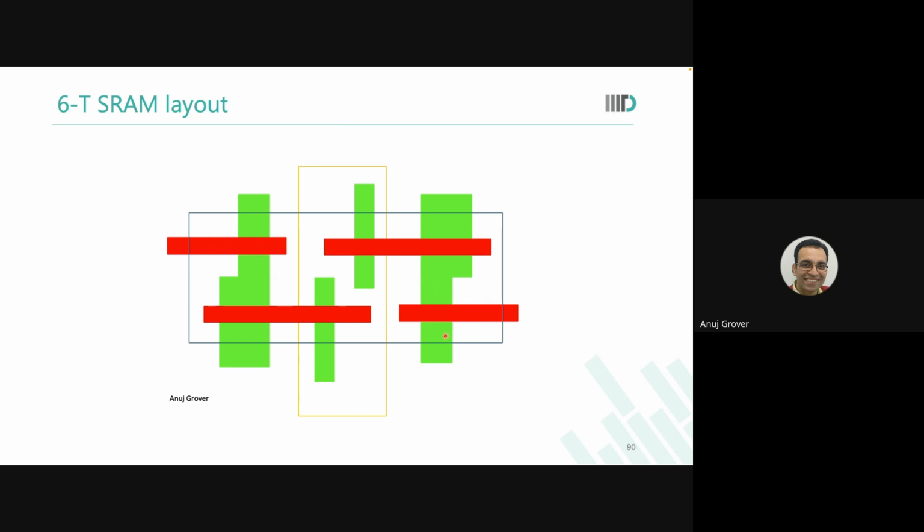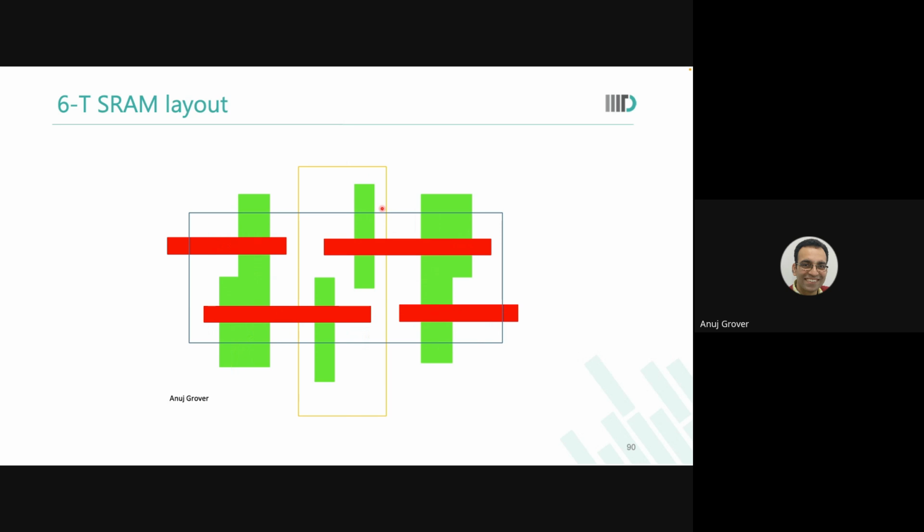Pull downs, this one, the bigger ones, they are the largest transistors, and pull ups, the PMOS is in the center. There are only two PMOS. So they're very easy to identify. So this is simply a cartoon. I've already kind of exaggerated the difference in sizes to help you identify them.